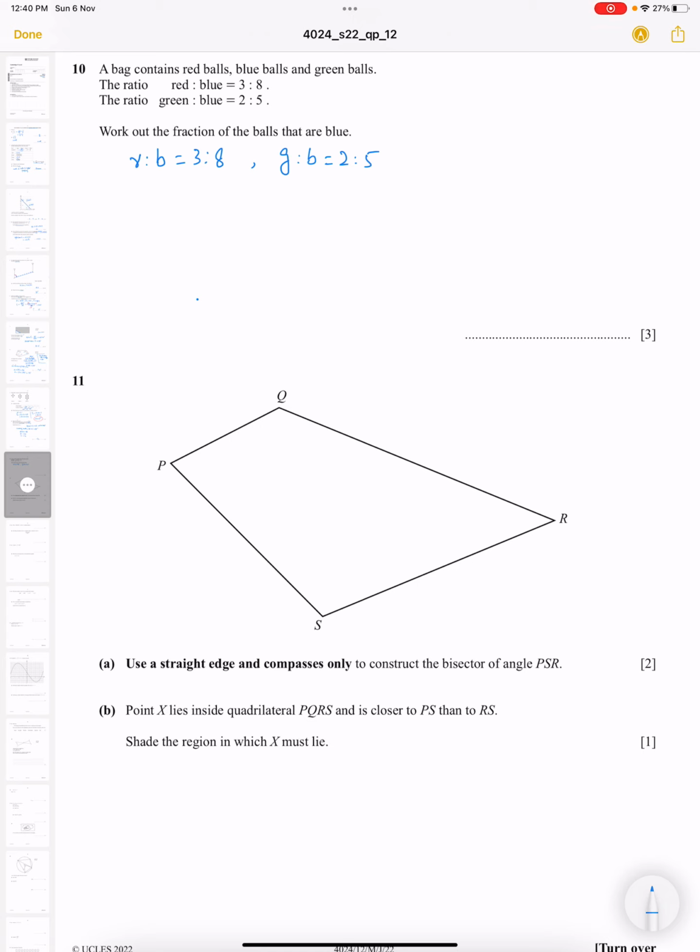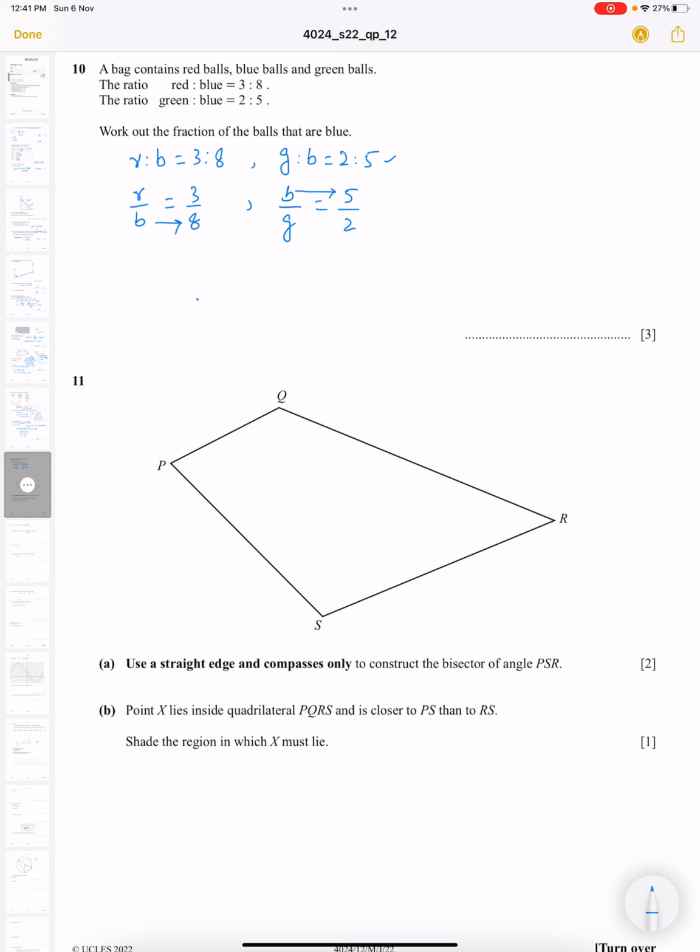We can also write R over B is equal to 3/8, and instead of G ratio B, I am writing B over G, I am reversing the ratio. This part will also become 5/2. So the number representing blue in this expression is 8, and here the number representing blue is 5.